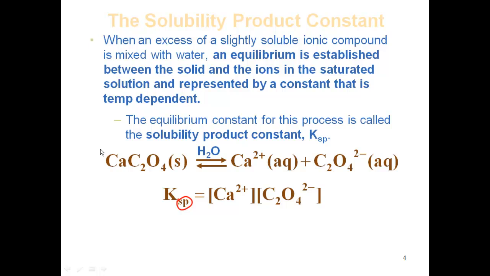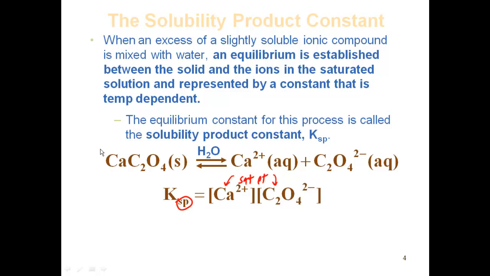However, if I'm not at a saturated solution and I multiply the concentration of calcium and the concentration of oxalate, I will not equal KSP. Remember, it has to be at the saturation point for the concentration of these species. If I am, and I multiply it, I will be equal to that KSP.